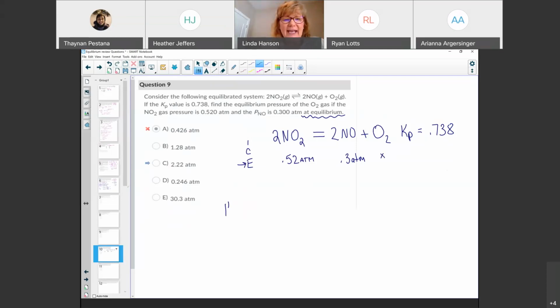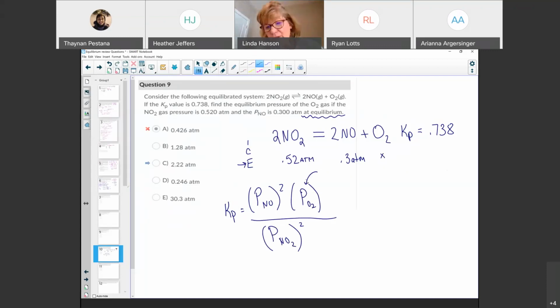We know that Kp is equal to the partial pressure of NO squared times the partial pressure of oxygen, all over the partial pressure of NO2 squared. This is the target variable, and we have everything else provided for us.